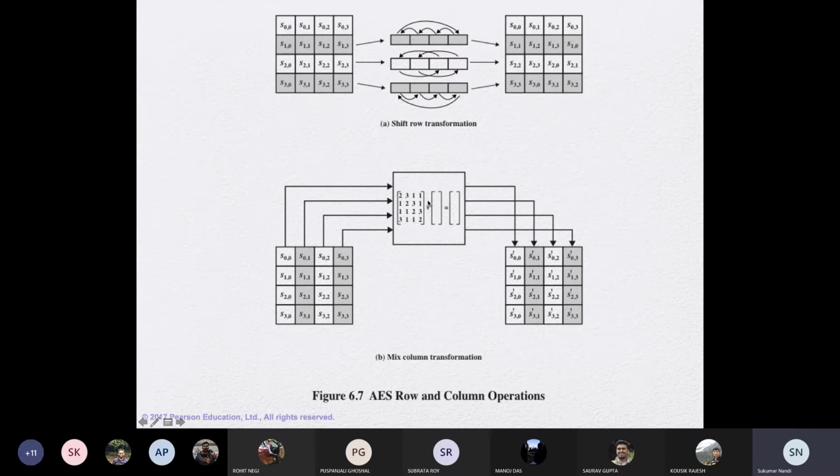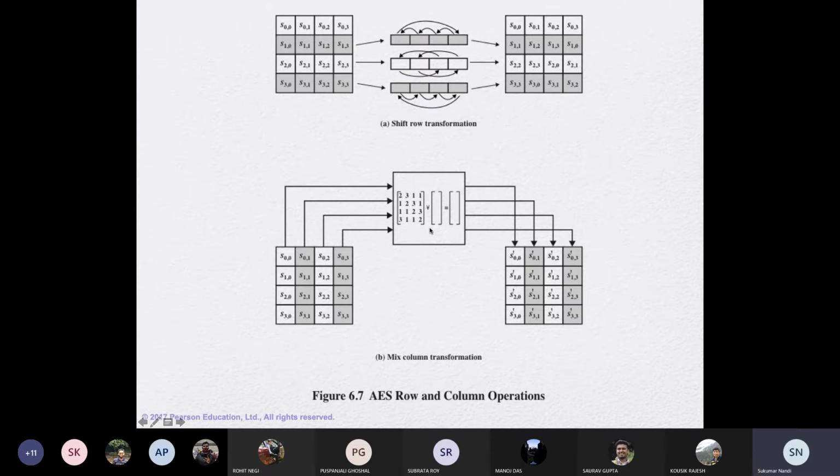It is written 2, 3, 1, 1 in the first row. Actually, it is 0, 2, 0, 3, 0, 1, 0, 1. Similarly, the other rows are basically a circular shift of that. It is based on this formula. So you can find this also.